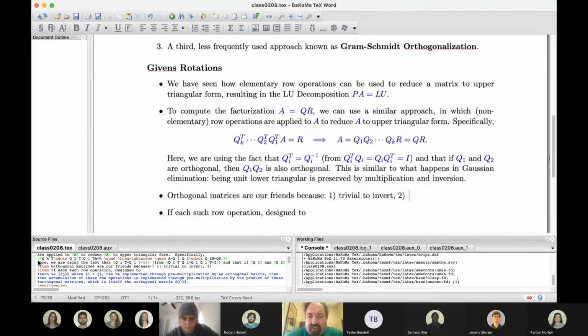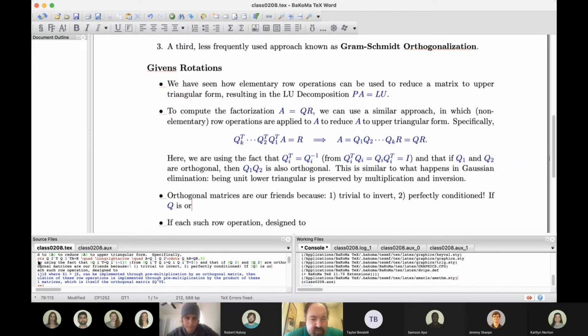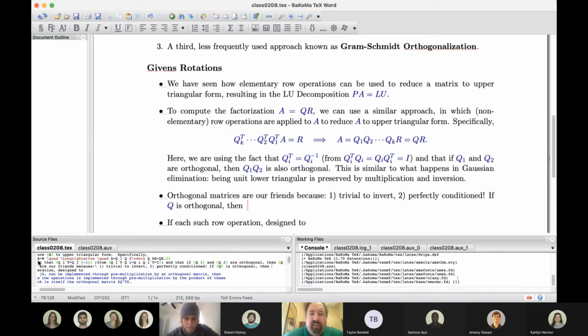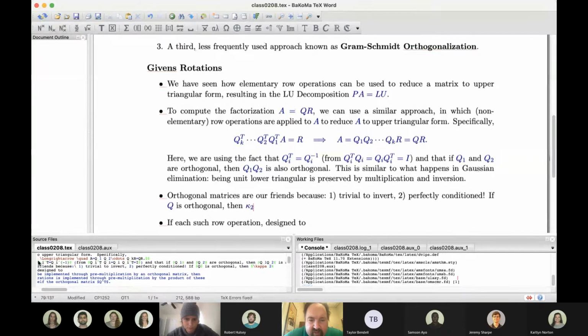And second, and this is something that does not apply to row operations at all, perfectly conditioned. Meaning that if Q is orthogonal, then at least in the 2 norm, well, that'd be the norm of Q times the norm of Q inverse. But that's the same as its 2 norm.